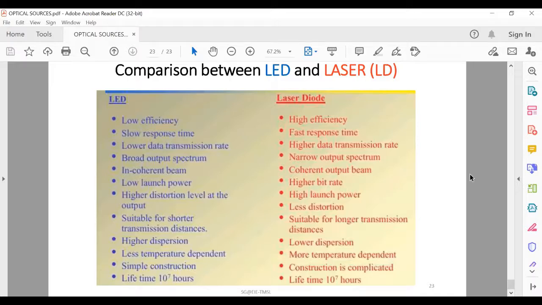LED has the advantage of a broad output spectrum, but the laser has the disadvantage of a narrow output spectrum. In LED an incoherent beam is produced, but in the laser a coherent output beam is produced. In LED, low launch power is there, but in the laser a higher bit rate can be achieved. High distortion level is there in LED, and the laser has less distortion.